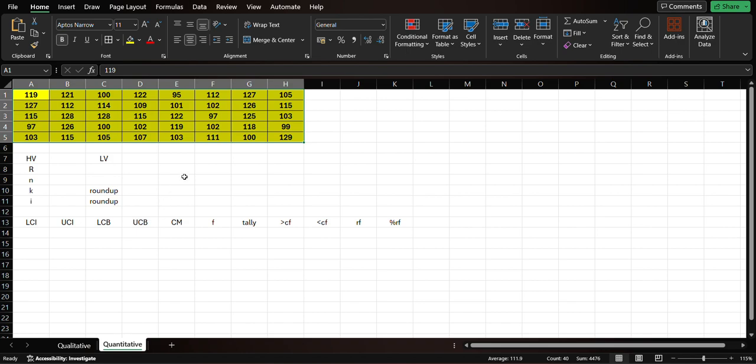Now again, my always argument why we're using this is because we're using Excel to make it easier, and at the same time, if our data is a million or 1,000, we will still do the same. All right.